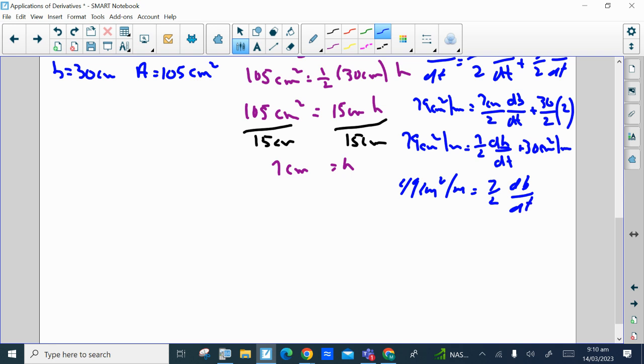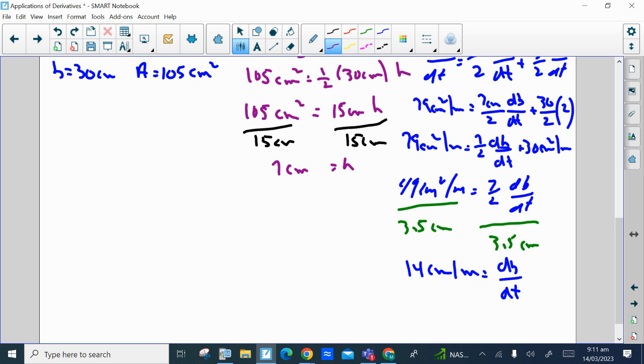And so we'll divide both sides by the 7 over 2, which is 3.5 centimeters. And so on the left side, when you divide 49 by 3.5, you actually get 14. Centimeters squared divided by centimeters gives us centimeters per minute. So there's dB by dt.